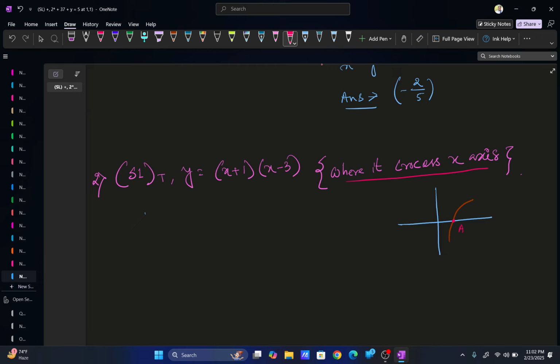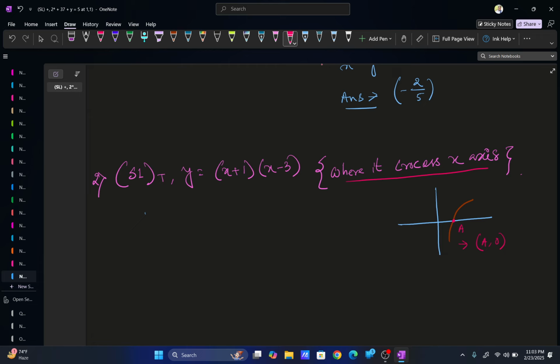From the point of view of coordinate geometry, in that particular point the coordinate is basically a comma 0. So when it crosses the x-axis, the y coordinate is 0 for that particular point, not for every point, for this particular point.